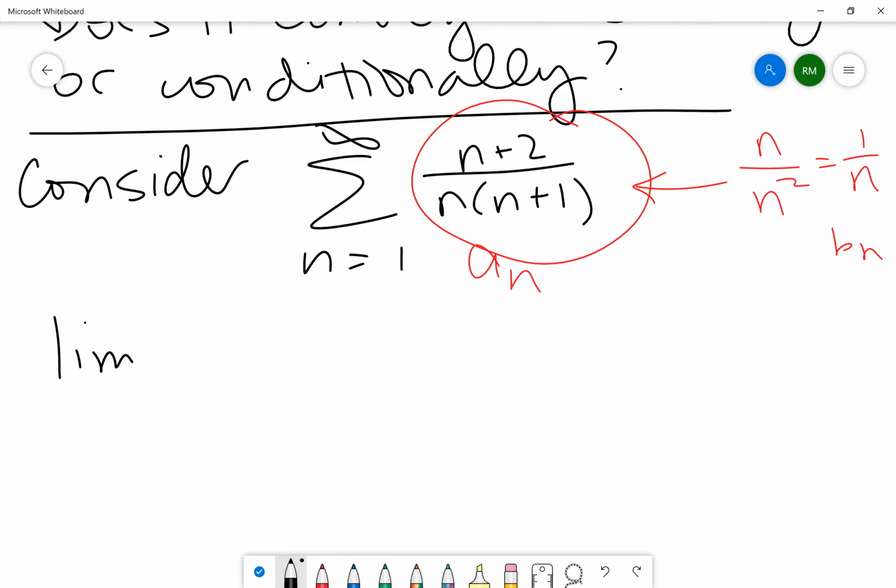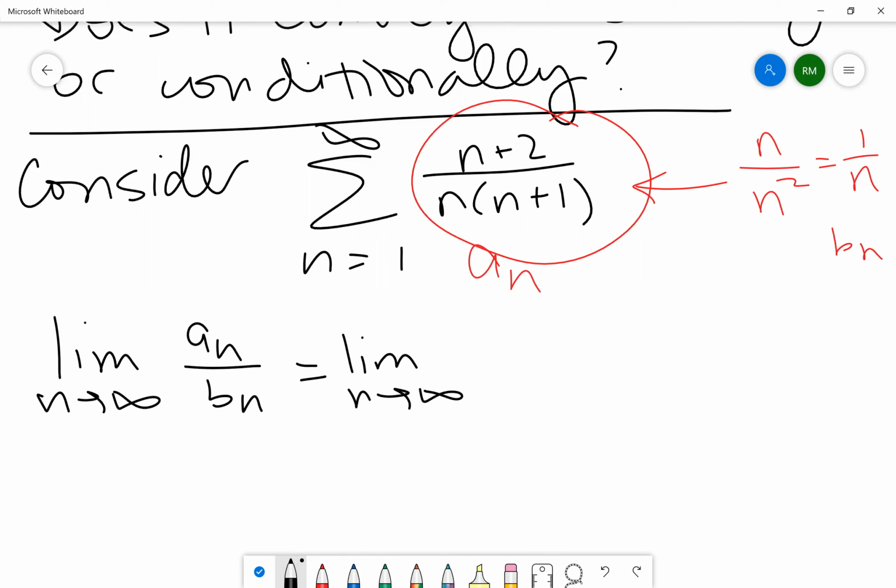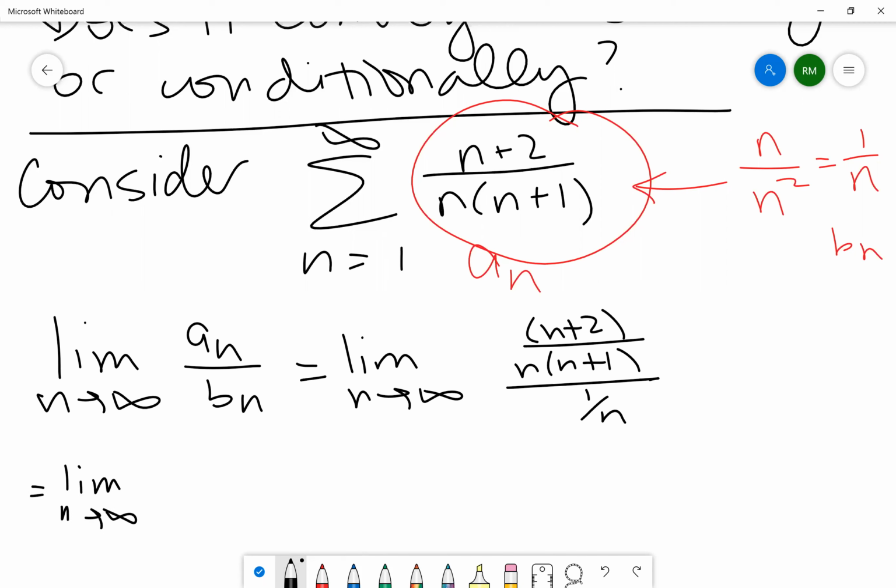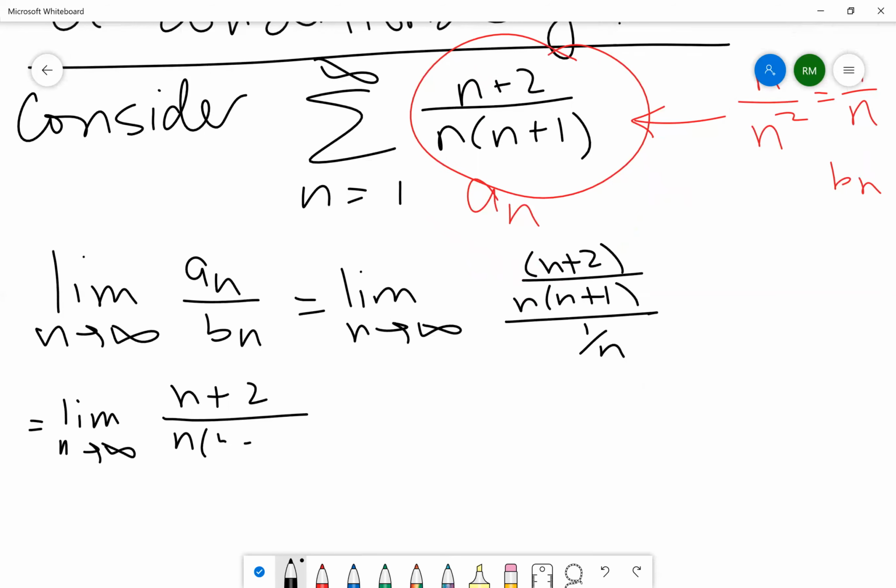So we take a limit as n goes to infinity of the a sub n's over the b sub n's, and we get the limit as n goes to infinity of (n plus 2) over n times (n plus 1), over 1 over n, which is the limit as n goes to infinity of (n plus 2) times n over n times (n plus 1), and you see that these cancel out.